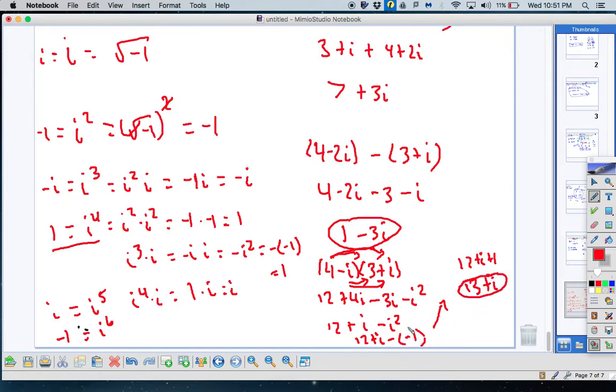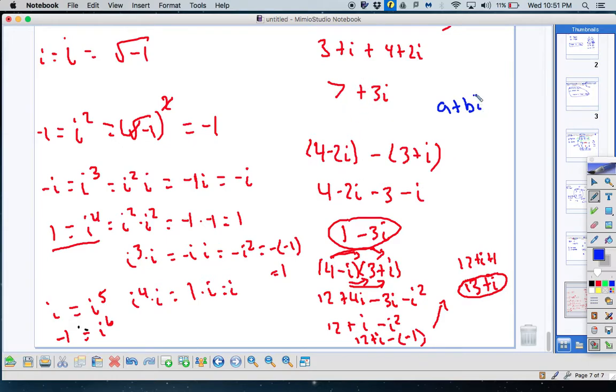Okay? So the only difference when you see i squared is we don't leave it as i squared like we would have with x squared. We can actually make i squared a negative 1, and then we can simplify. Your complex numbers will always be in the form of, let me change our color first, a plus bi. They're always in that form where a and b are going to be integers, like they are here, okay?